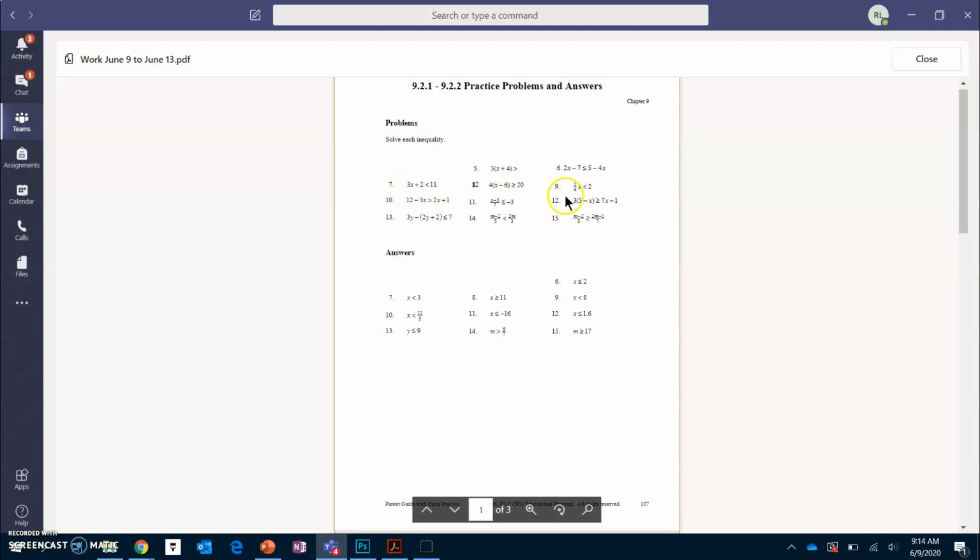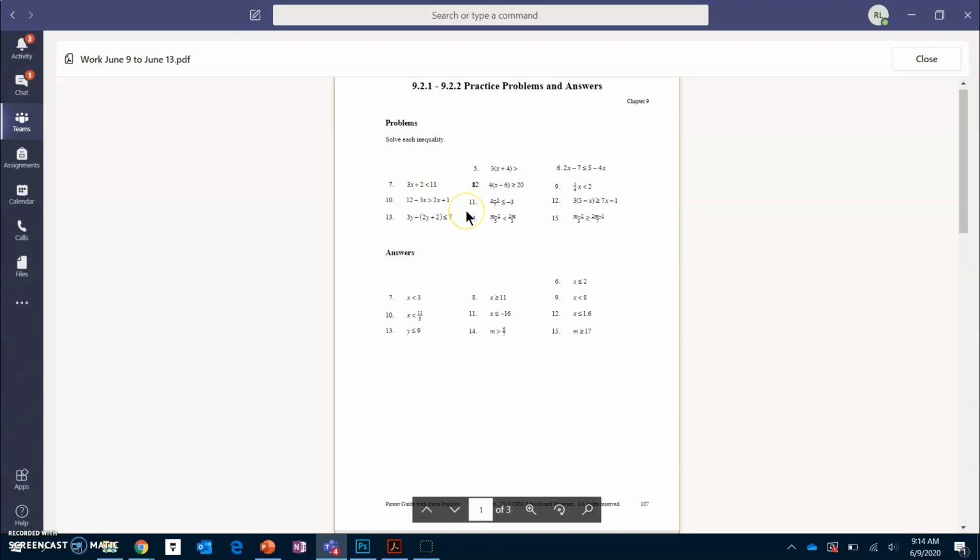And then you guys got to do 12 and 15. 15 is going to be like 14. 12 is going to be like 13. And then 6, 7, and 8 will be like a mixture of 9, 10, and 11.